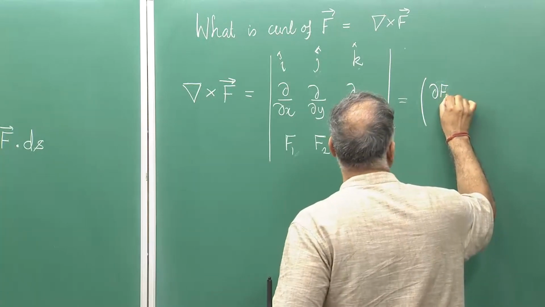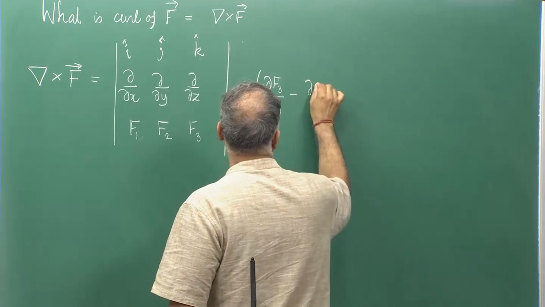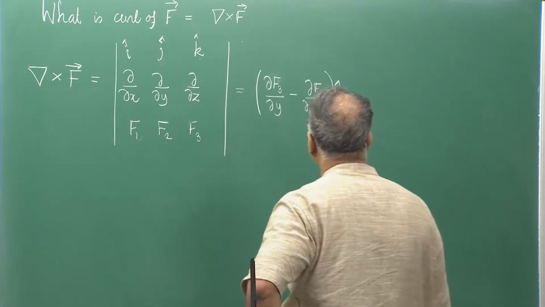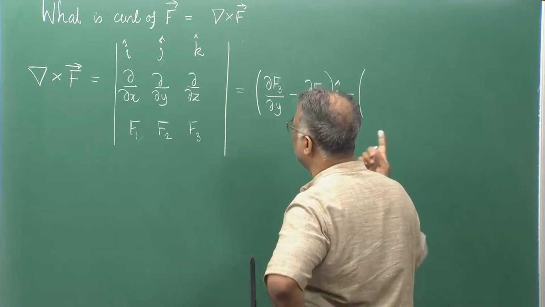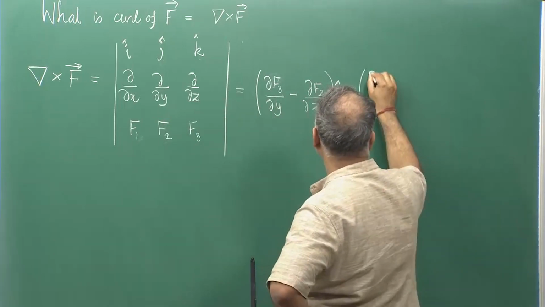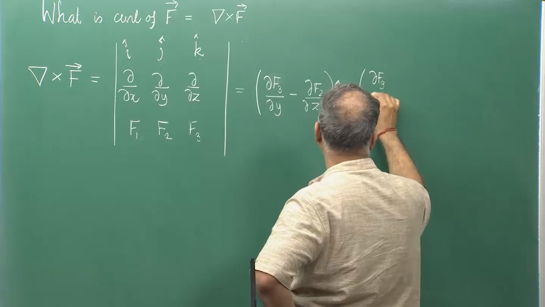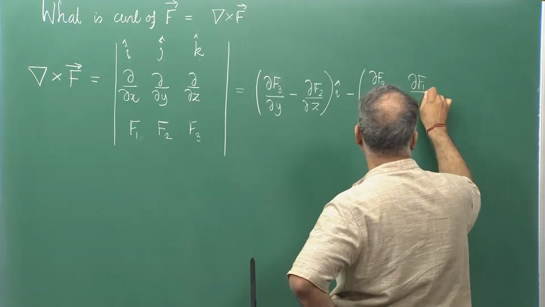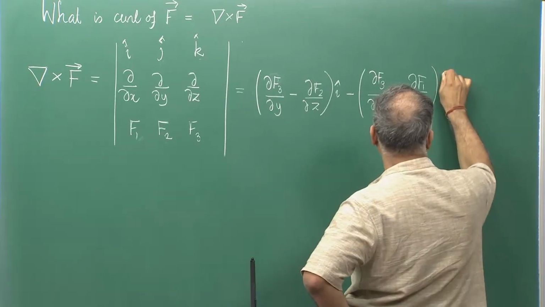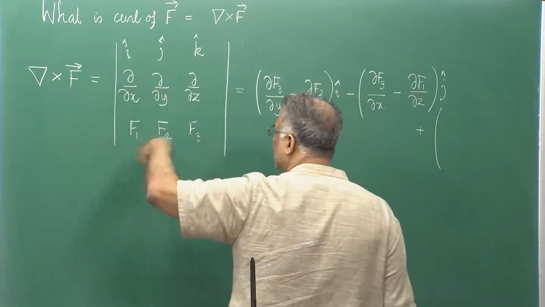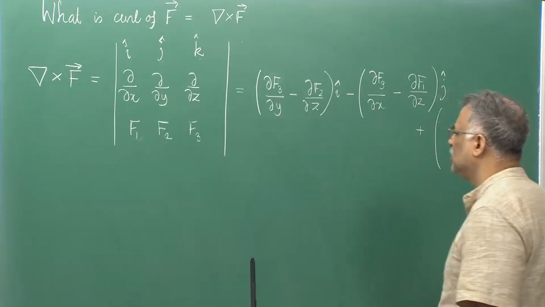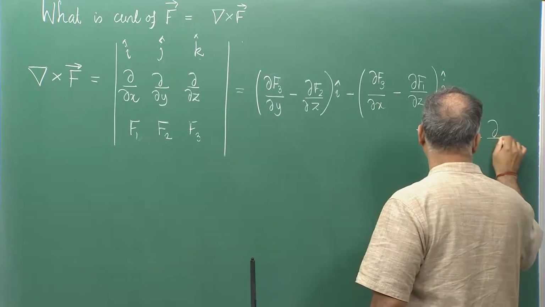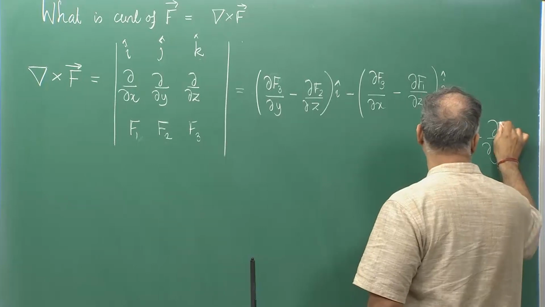So, we define it as del f3 by del y minus del f2 by del z, times the i vector, minus, just like the determinant, del f3 by del x minus del f1 by del z, times the j vector, plus what remains, del f2 by del x minus del f1 by del y, times the k vector.